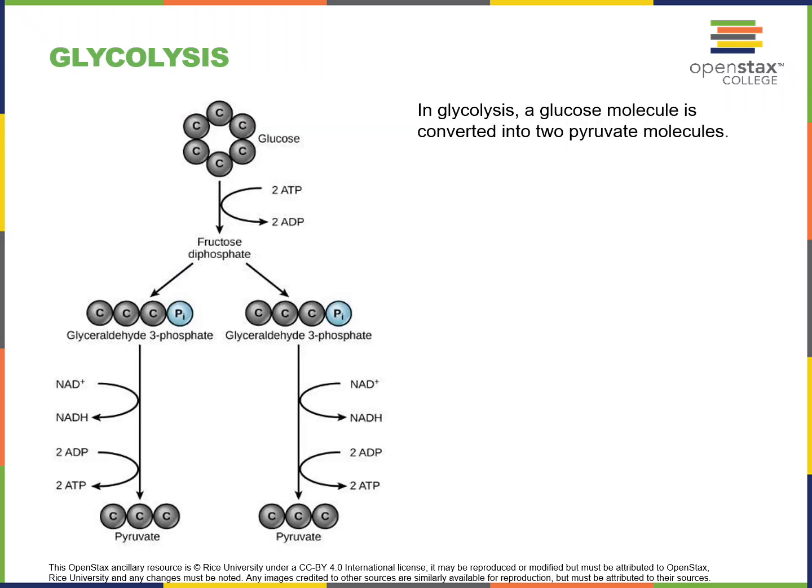Essentially, all you need to know here is that we start with glucose. A bunch of enzymes come in, make some changes to the different glucose molecules. It gets broken down into 2 molecules of 3-carbon pyruvate.